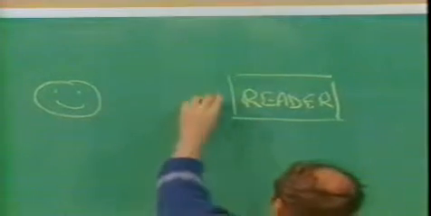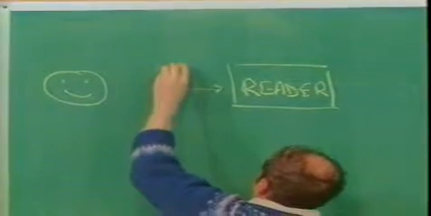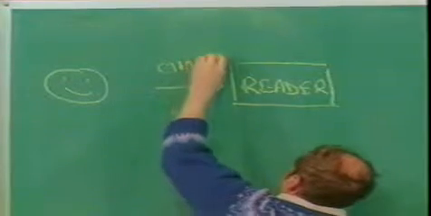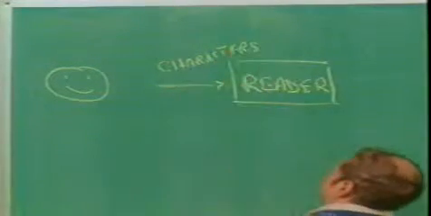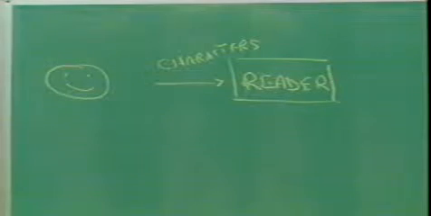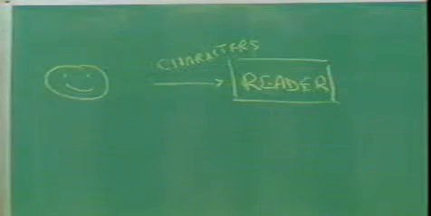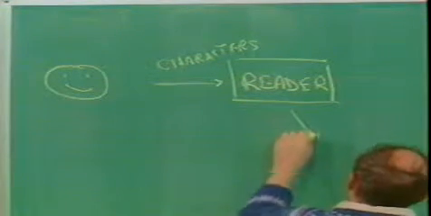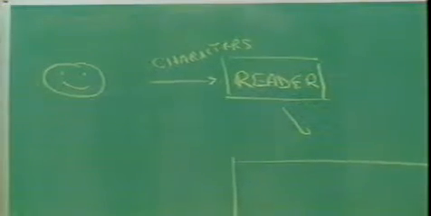The reader's job in life is to take characters from the user and turn them into data structures in something called a list structure memory.